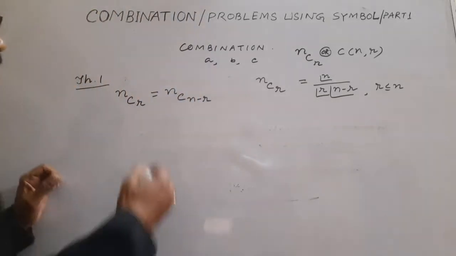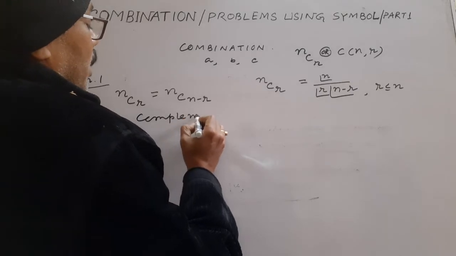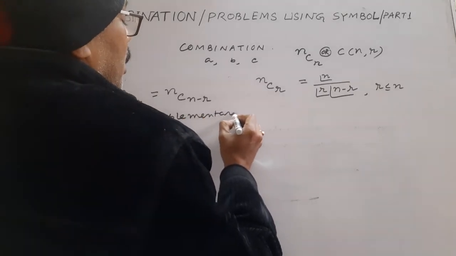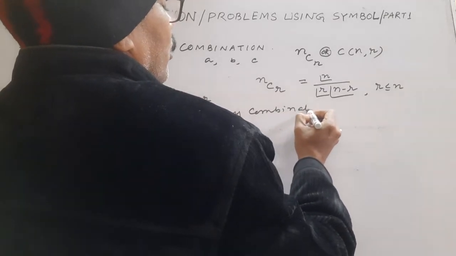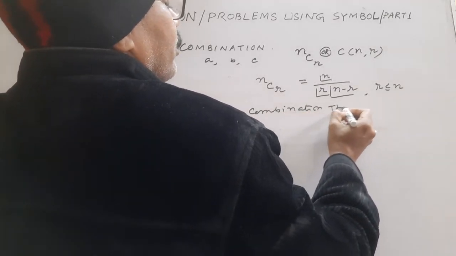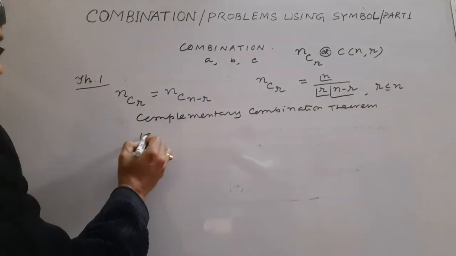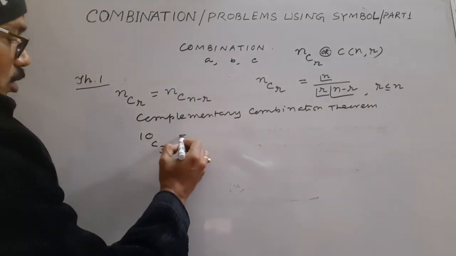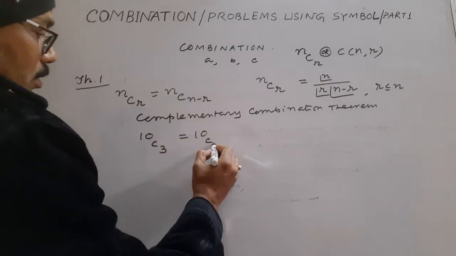This theorem is known as the complementary combination theorem. For example, 10C3 equals 10C(10 minus 3), which is 10C7.